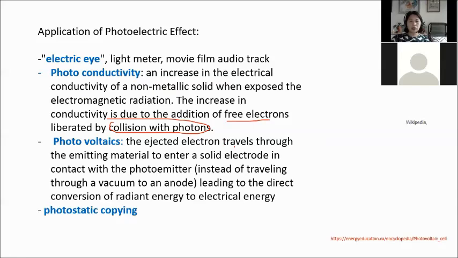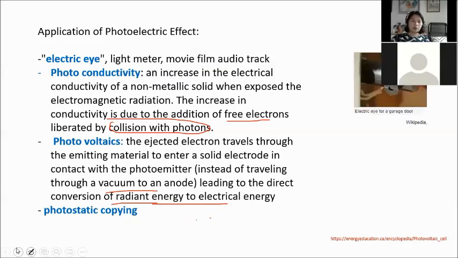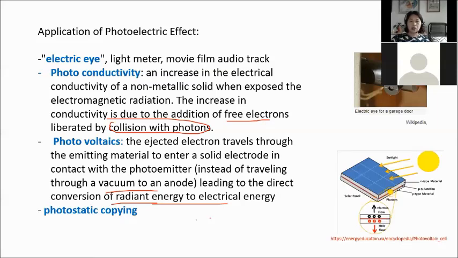So the ejected electron travels through the emitting material to enter a solid electrode in contact with the photoemitter instead of traveling through a vacuum to an anode, leading to direct conversion of radiant energy to electrical energy sa mga solar panel. So yan ang example ng electric eye and solar panel. And also, photoelectric effect is used in photostatic copying.